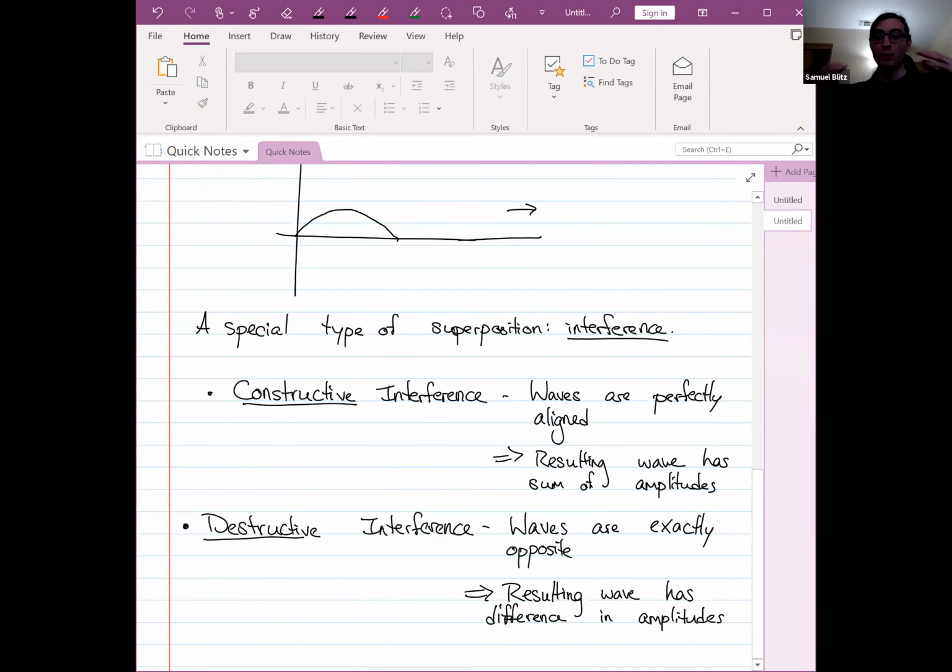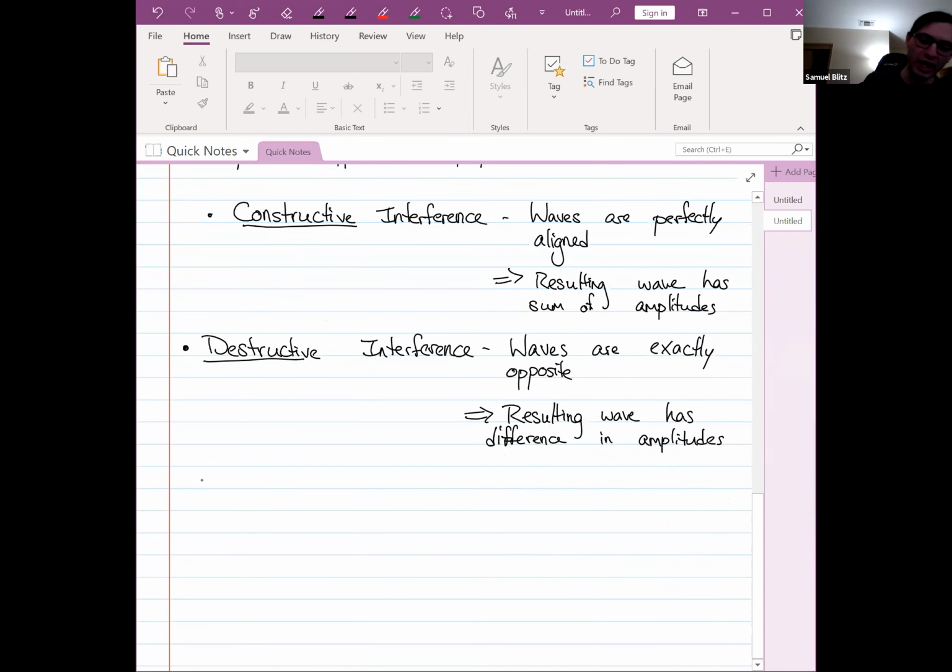And that occurs when they are perfectly anti-aligned. And there's a particular type of destructive interference which occurs when the waves perfectly cancel. And when that happens, the resulting, and I'm going to put this in quotes because it's not really a wave anymore, the resulting wave has amplitude 0.